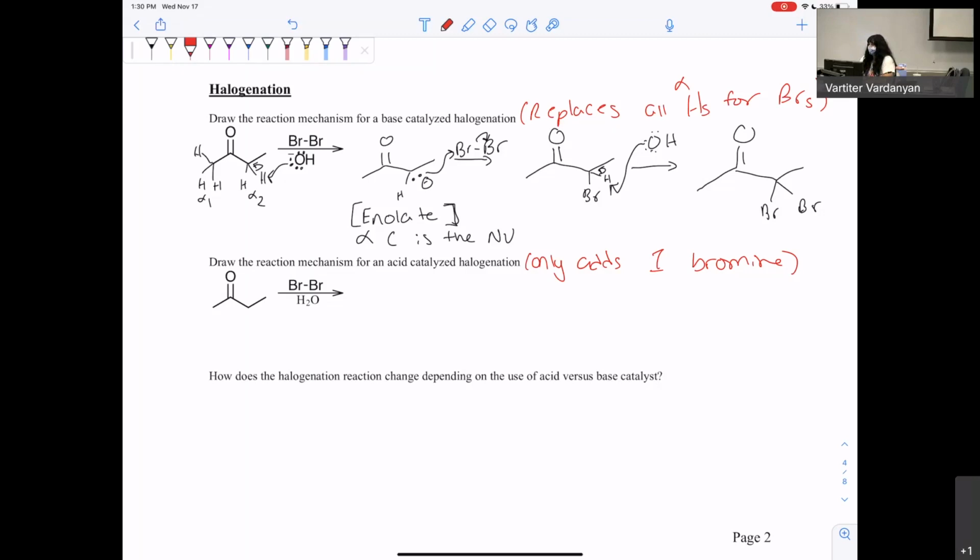Question? Yes. Yes, exactly. So even though the other one could add more bromines, we're going to stick to the more substituted side. So for this guy, we can say that we add one Br and we keep one hydrogen.